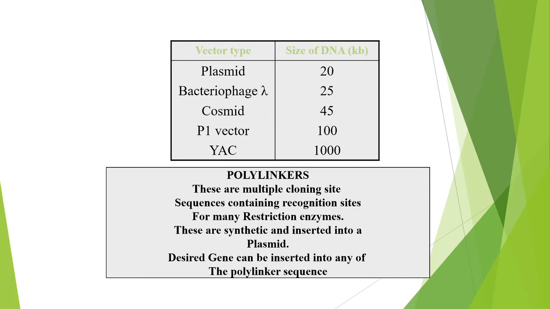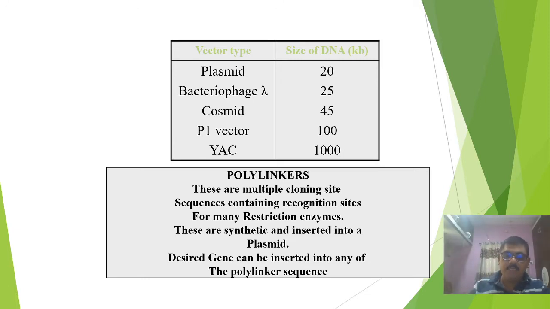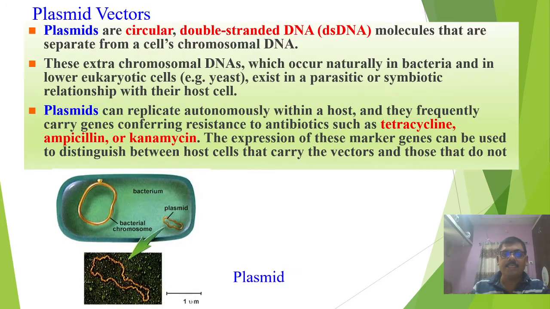With the help of these polylinkers, we can insert any foreign gene into the plasmid. First of all, these polylinkers are attached to the plasmid, and then you can add any desired gene.